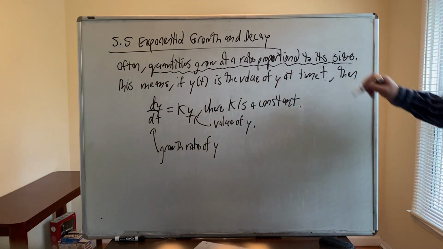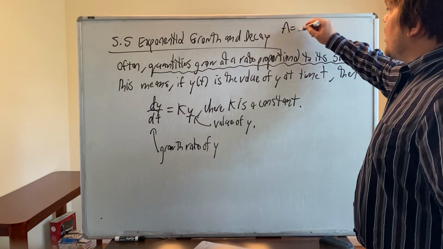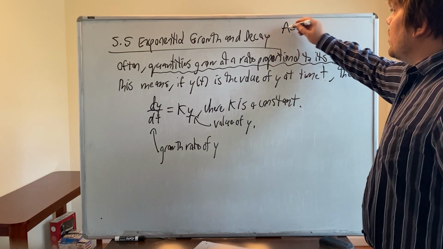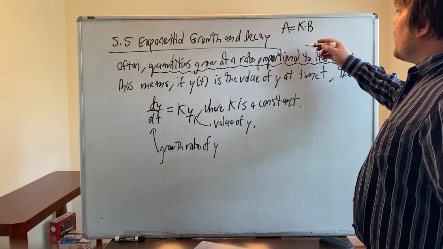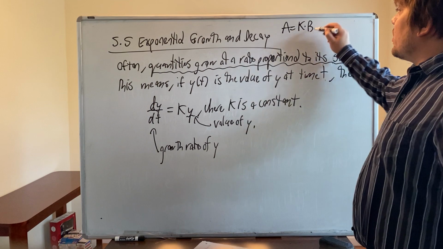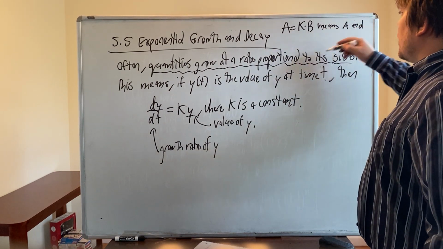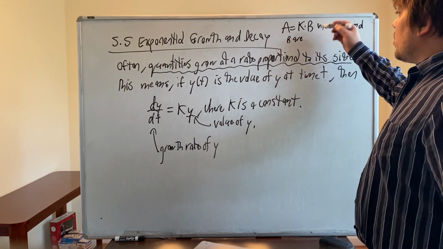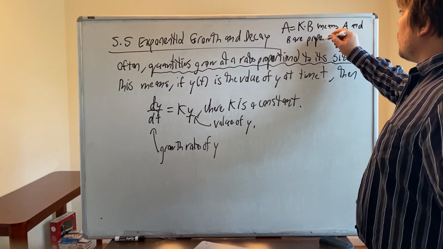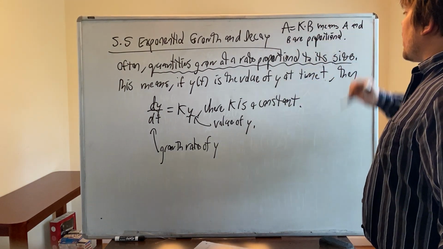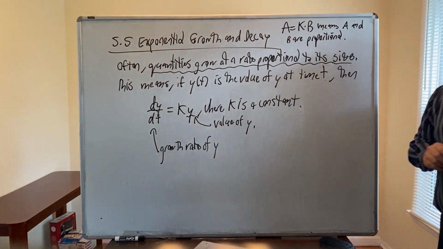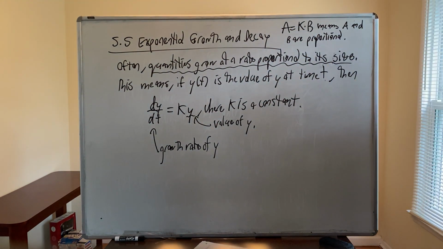Okay? When you say that a equals k times b, where k is a constant, that's what this means, is that a and b are proportional. Okay? So if a is equal to a constant times b, that means a and b are proportional.